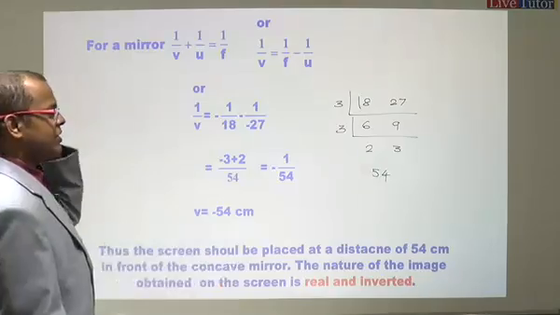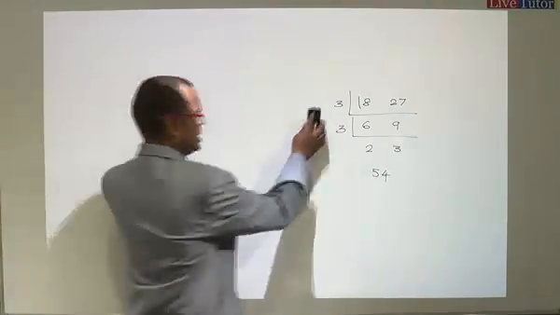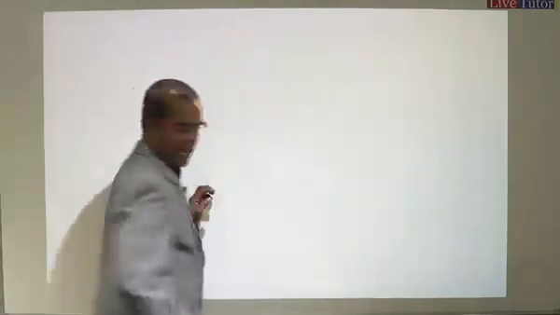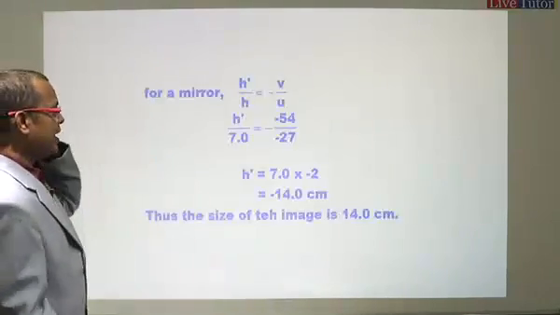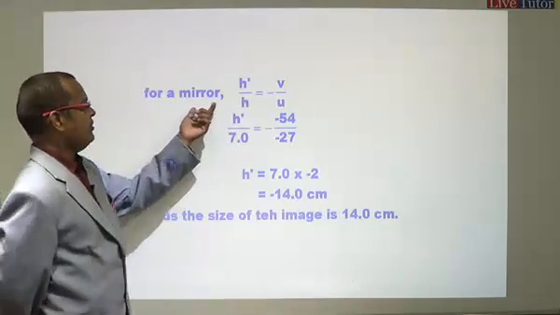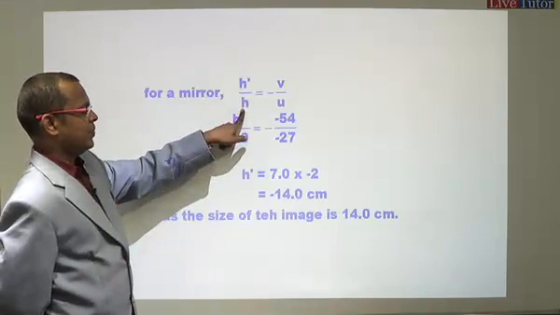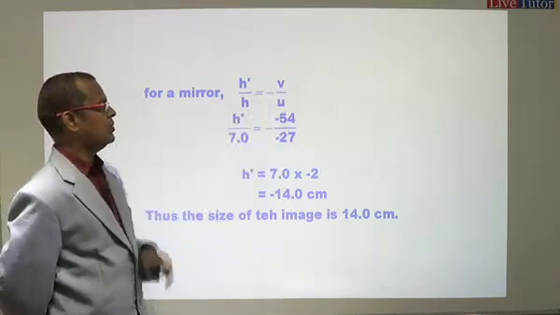And apart from that, we will see the size of the image, the height of the image. What is the formula? Magnification factor, h dash by h, which is nothing but minus v by u.